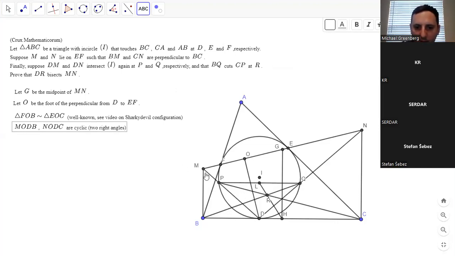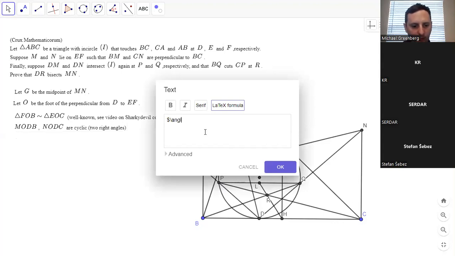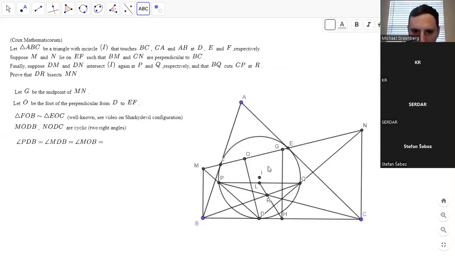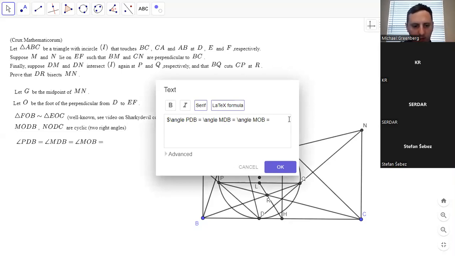So angle PDB equals angle MDB equals angle MOB, which is angle FOB, which is angle EOC, which is angle NOC, which is angle NBC, which is angle QDC.